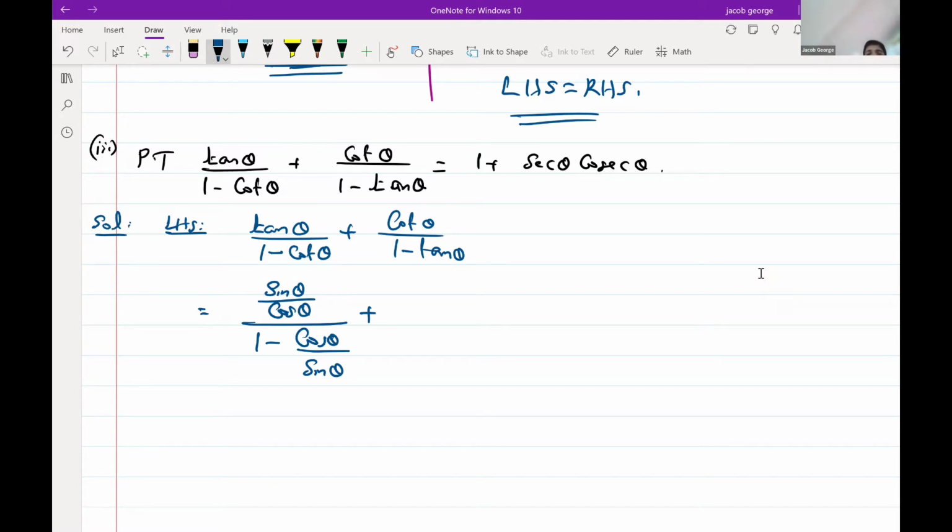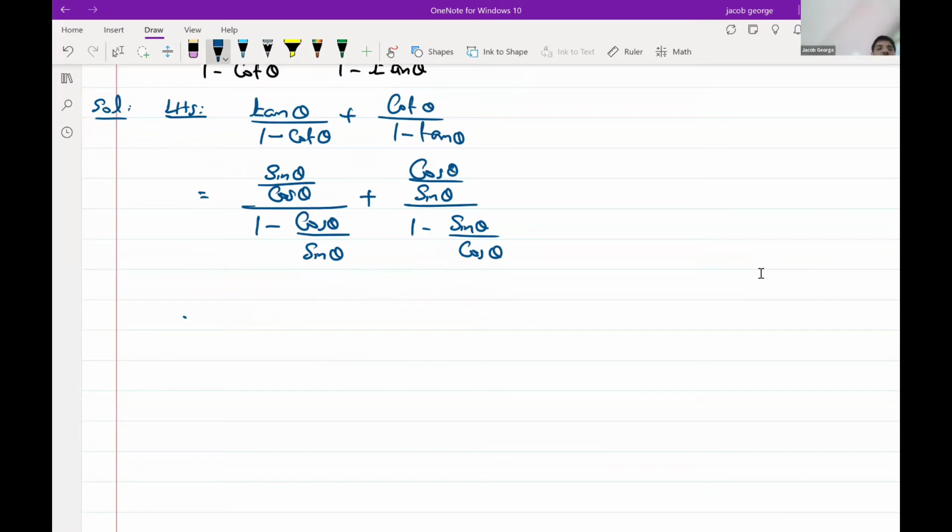Cot theta, how to write cot theta, children? Cos theta by sin theta upon 1 minus sin theta by cos theta. Like this we will write.